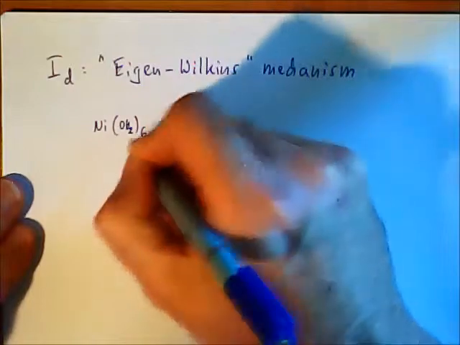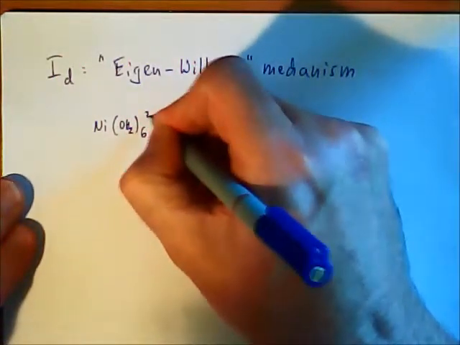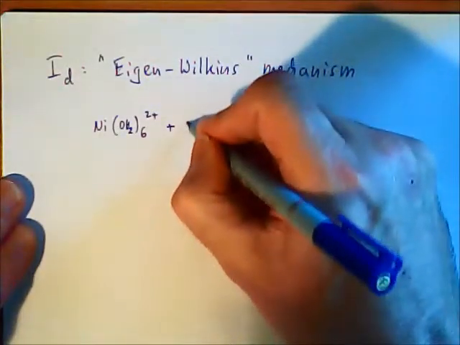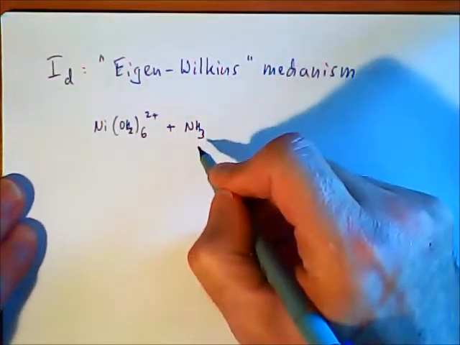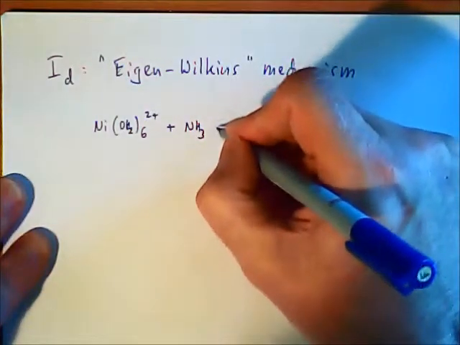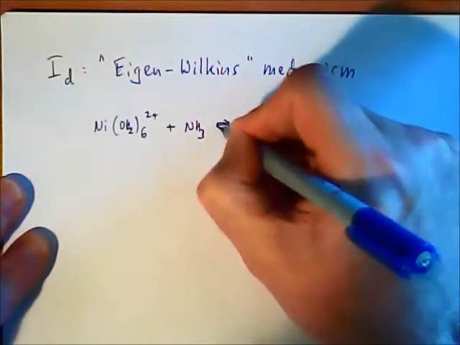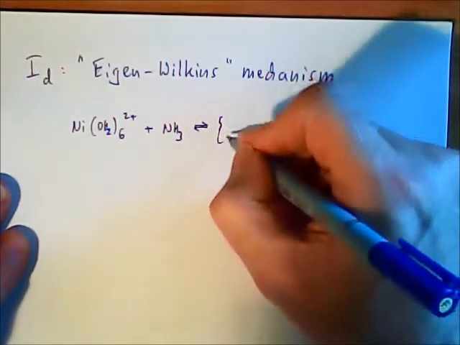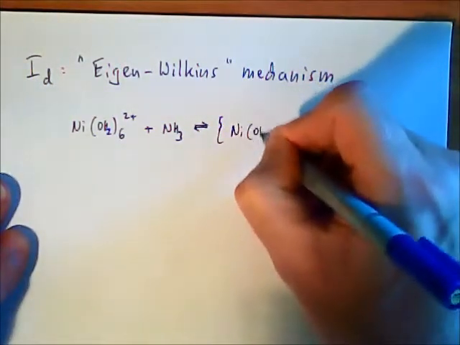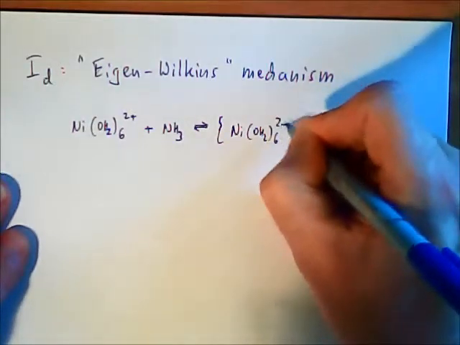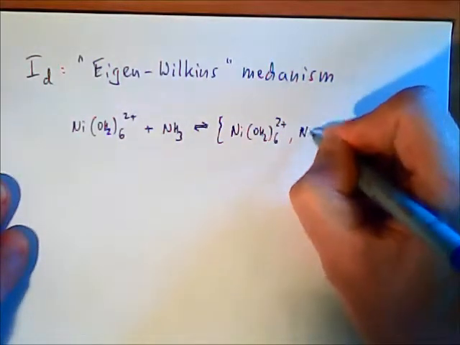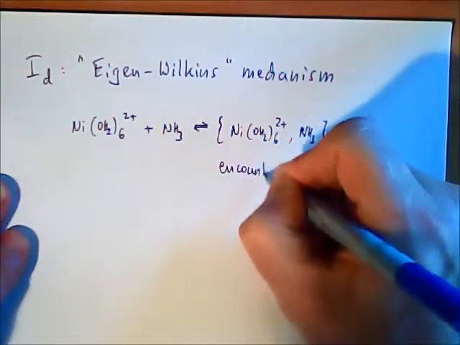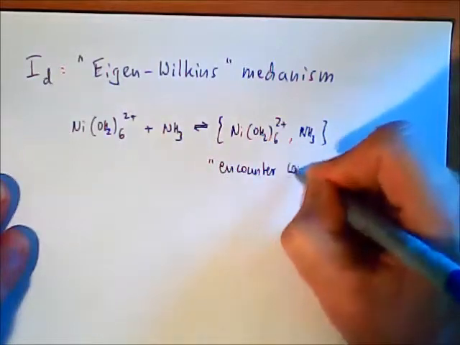If we look at the hexa-aqua complex of nickel 2+, and we add another ligand like ammonia, then what happens first is we create in solution a so-called encounter complex. So we write it like this, and this is the so-called encounter complex.